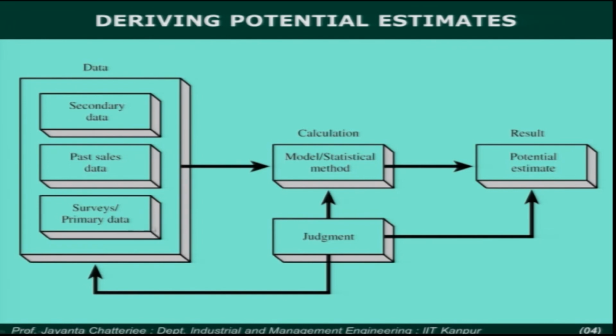So, this is some kind of primary data that you generate to do some statistical analysis and come up to some kind of an estimate. The secondary data will be coming from published material and so on. We will just now show you that.